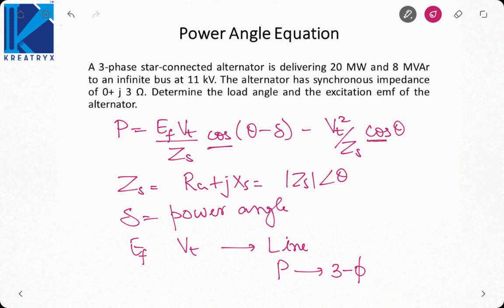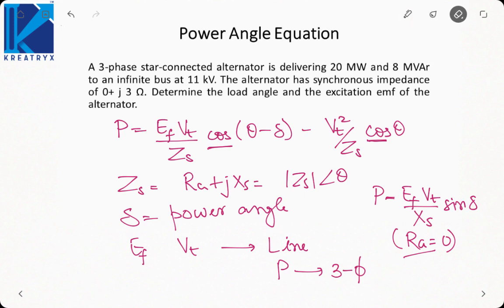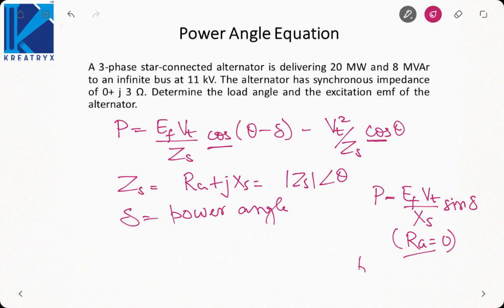This same equation becomes EF Vt by Xs sine delta in case you neglect Ra. If Ra is 0, this will become this. And what about reactive power then? In that case, reactive power would be Vt by Xs times (EF cos delta minus Vt). So that will be your reactive power.